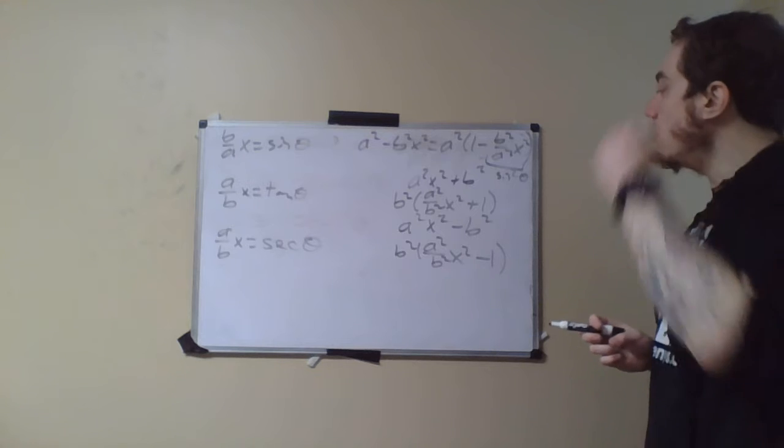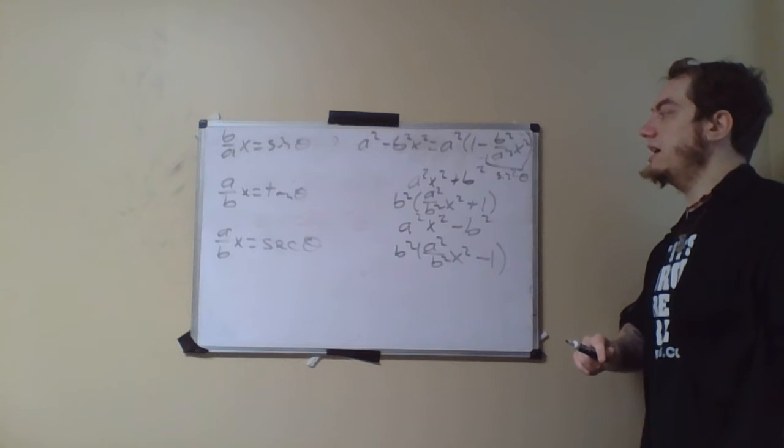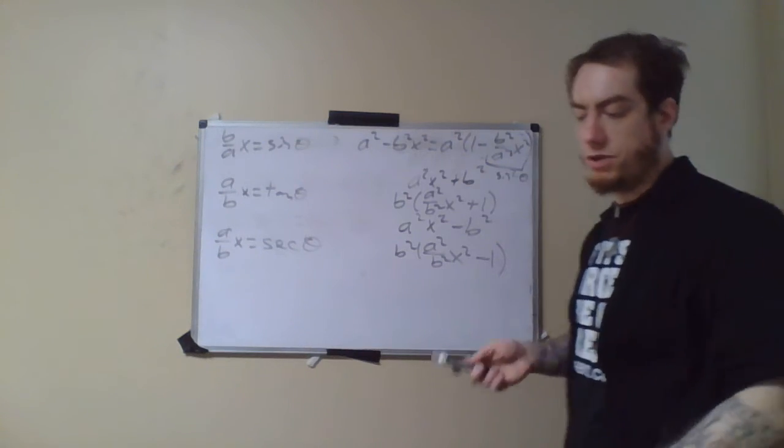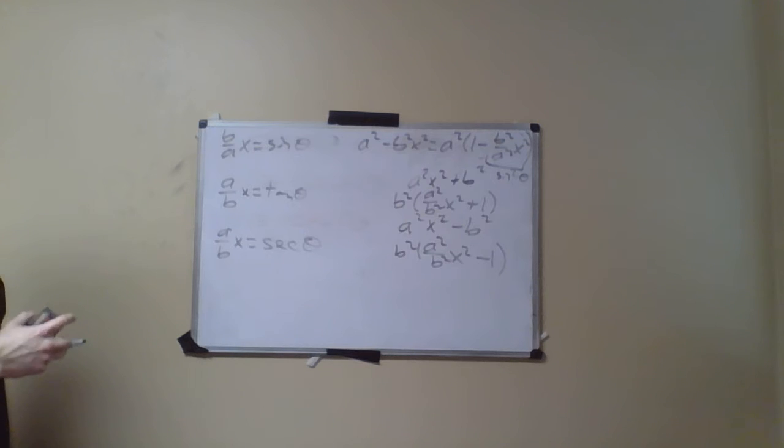But if I think about, okay, what is the identity that I want to use? Well, if I have something where I want to use a particular identity, I can recognize the form of that identity and then go from there.